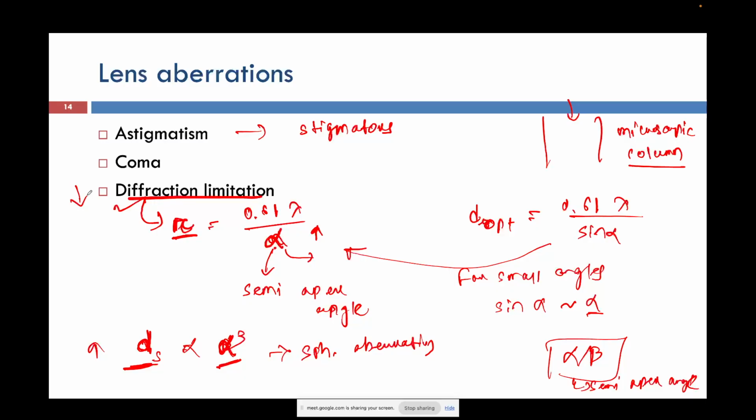It is not a hard and fast rule that you have to choose a certain semi apex angle, because one thing that increases the spherical aberration might decrease some other aberration. So you always have to keep an optimum between all these values.